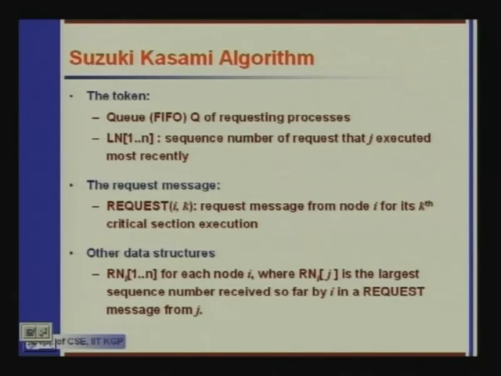Now, let us understand this very clearly, it is a very important point. When I am sending you a request, it is not mandatory that you receive the request before I get the token, right. It may so happen that the token is with him and he gives me the token and I enter the critical section.